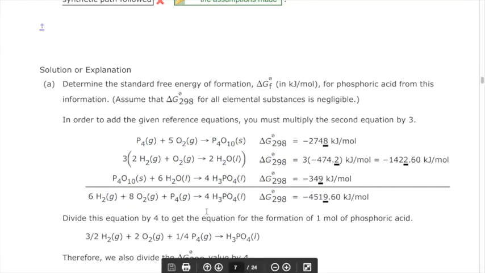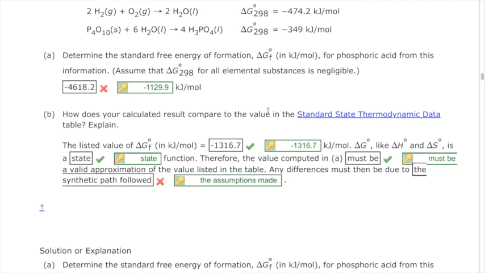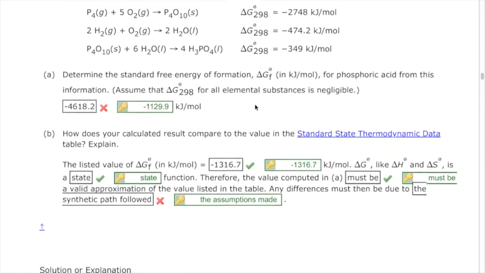So you multiply this middle reaction by 3 to get your formation reaction. That means you need to multiply your delta G value for the middle reaction by 3, as is happening here. And then you just add up all the delta G values, and you get the answer to A, negative 4,519.6 kilojoules per mole.